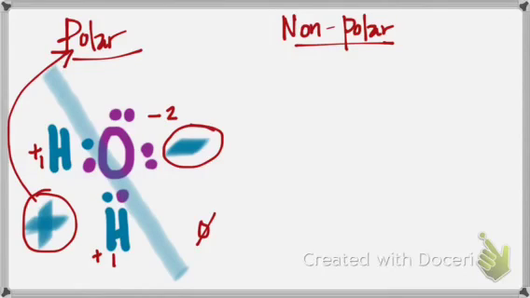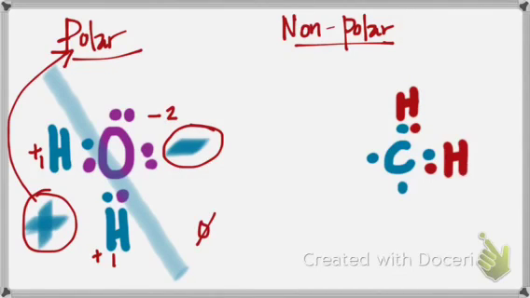A nonpolar molecule, let's look at, say, CH4 or methane. So I have C, which has 4 valence electrons, and then I've got my 4 hydrogens. Carbon tetrahydride, otherwise known as methane. So I've got my Lewis dot diagram there, and then I start assigning charges.